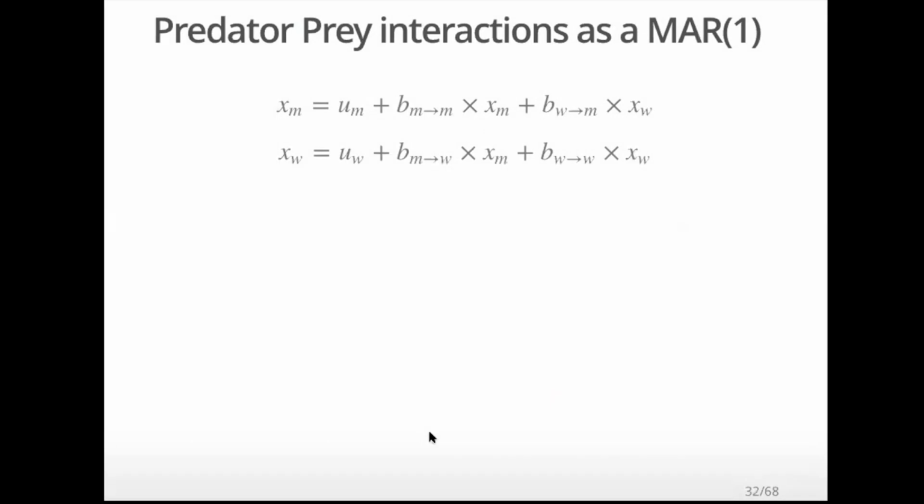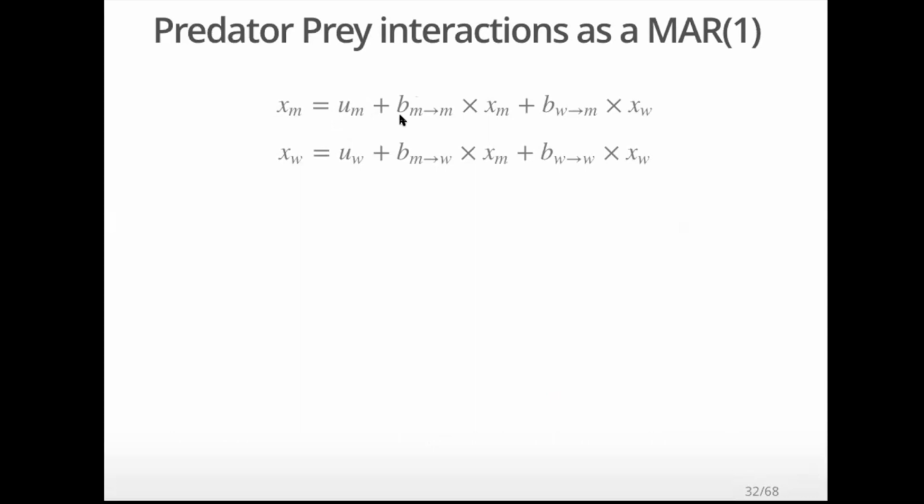So we can think about, okay, well, how would we model this using a MARSS model? So these are our moose. Our moose have some growth rate.